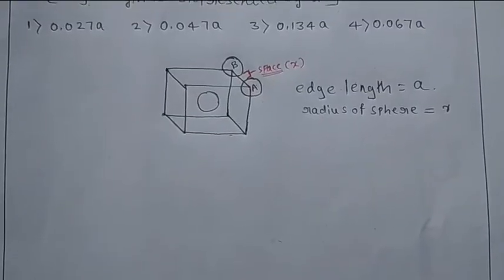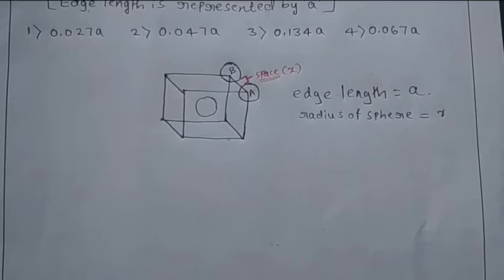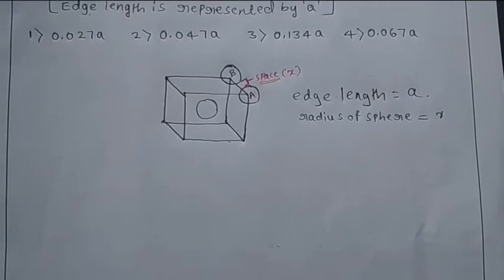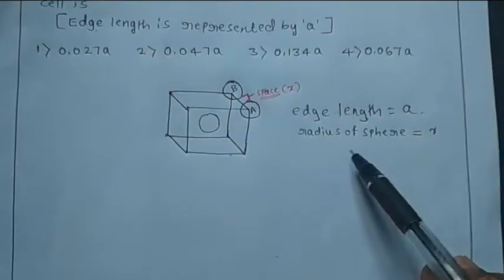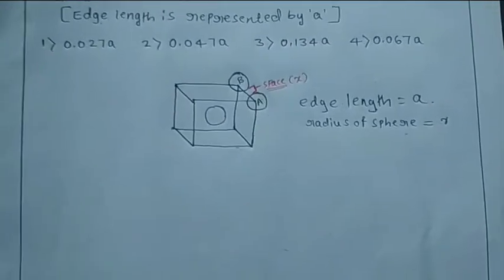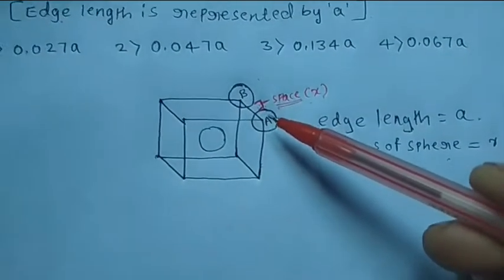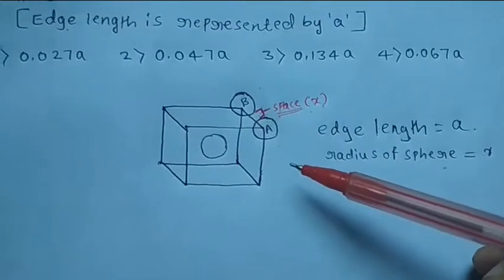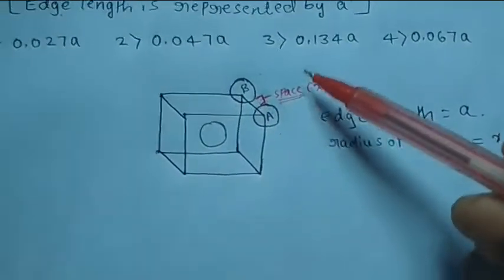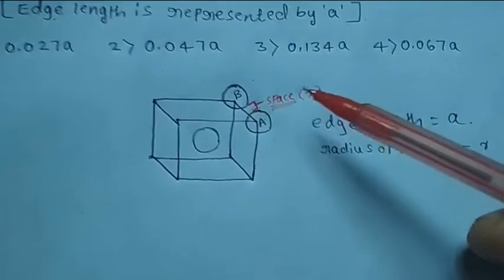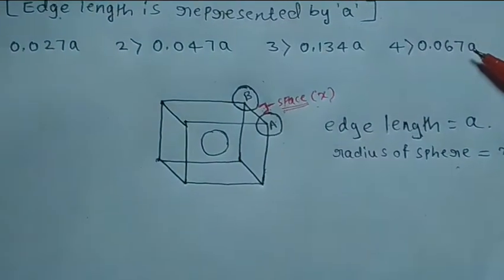Total 12 edges are there. Here I have taken edge AB and also spheres at A and B. Edge length is A and radius of sphere is R. Some space is there in between two spheres at A and B. We introduce one more sphere in that space and have to calculate its radius. Space x also indicates the diameter of the introduced sphere. X by 2 represents the radius of the introduced sphere.